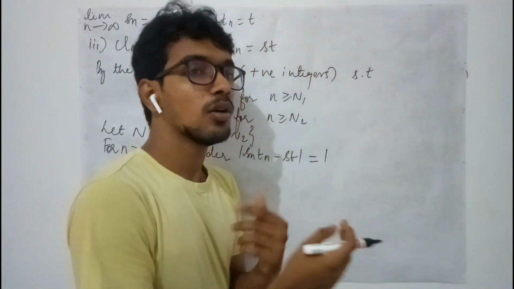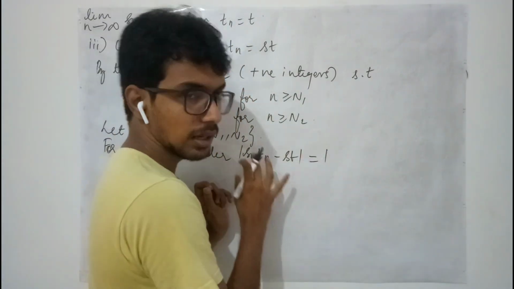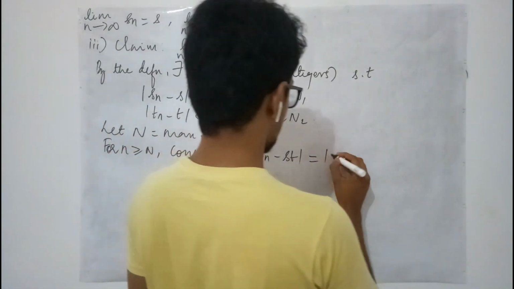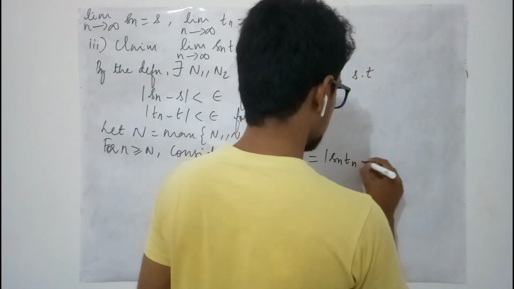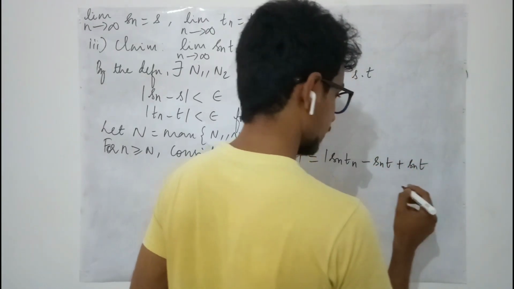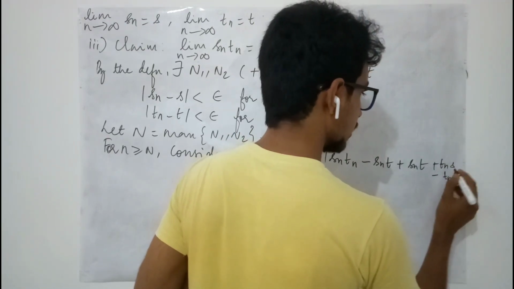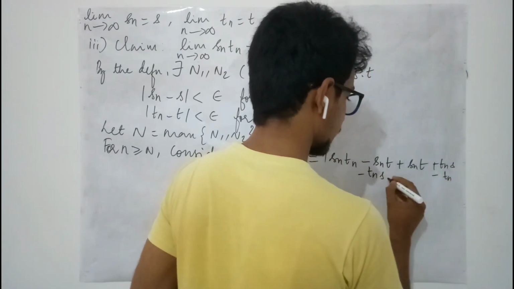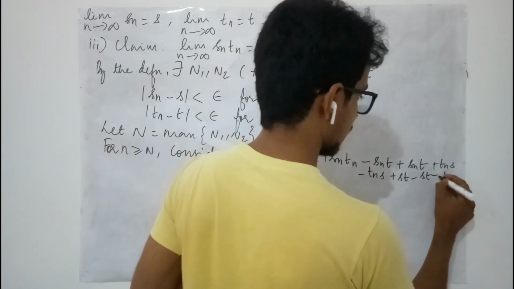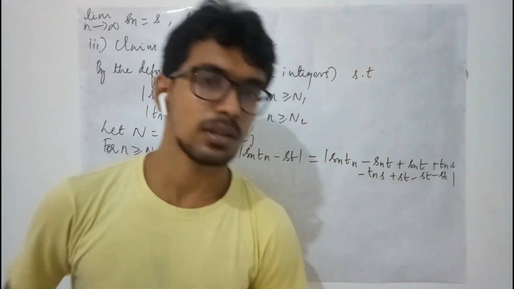I am going to add and subtract a few terms so that the value is unaltered, but we come to the required result, that is the absolute value of SnTn minus SnT plus SnT, plus TnS minus TnS plus ST minus ST. I have added and subtracted terms so that the value is unaltered.